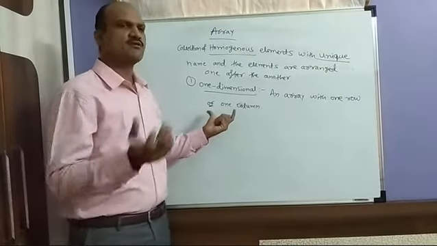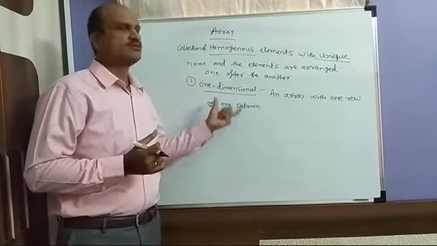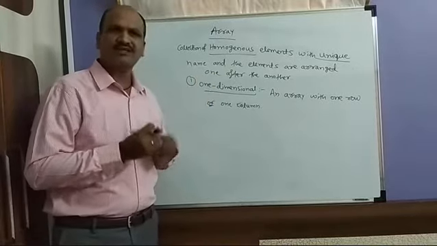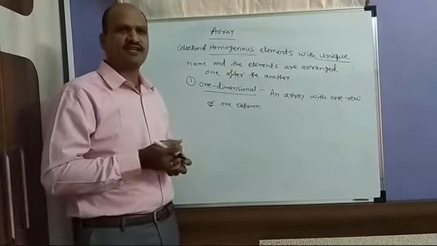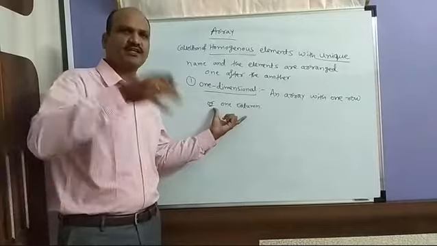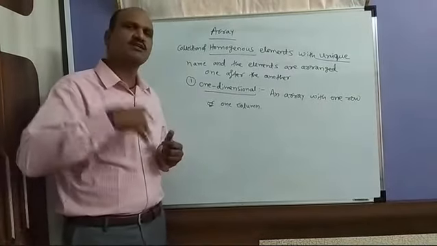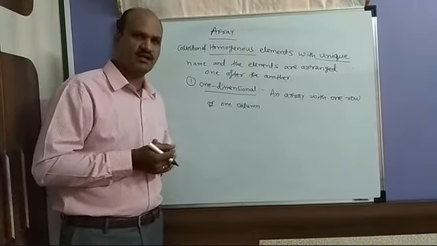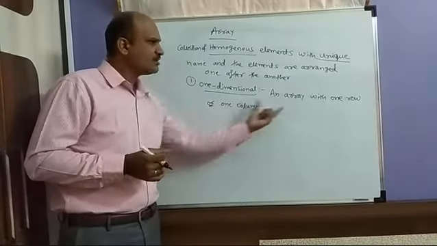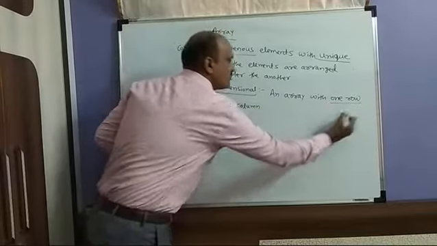In the first year you already learned one-dimensional and two-dimensional arrays, but in the second year they also go into detail on one-dimensional arrays, and there are some operations on one dimension. In the next video we will discuss that also. So, an array with one row or one column, this is just a simple definition.